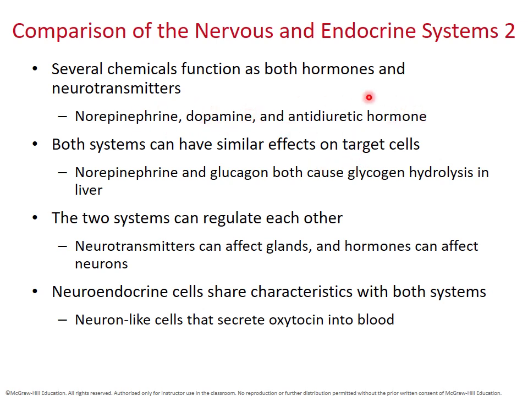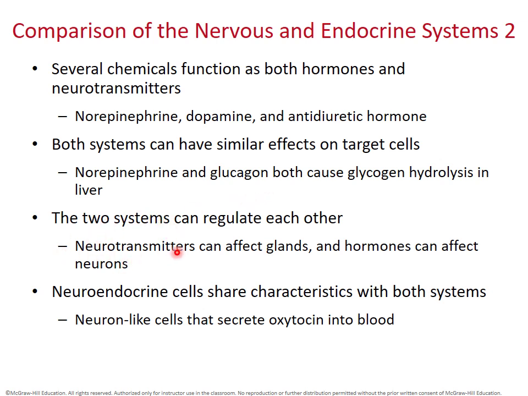Antidiuretic hormone we tend to think of as a hormone, of course, by virtue of the name, but it also can function as a neurotransmitter in the brain. And also, both systems can have similar effects, because the neurotransmitter norepinephrine and the hormone glucagon, for instance, both cause similar effects on the liver. So it's not uncommon for a neurotransmitter and a hormone to have similar effects on a target tissue.